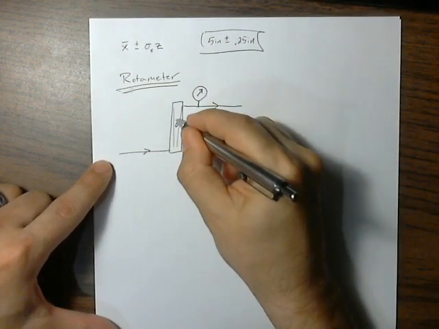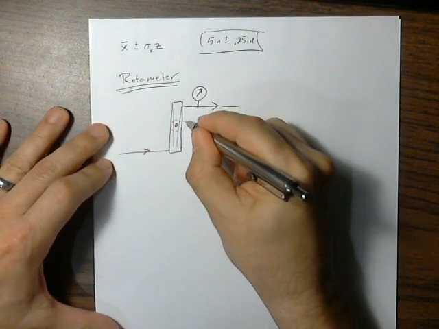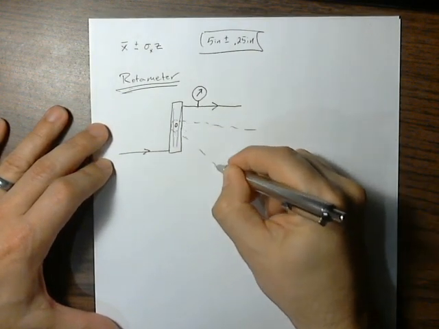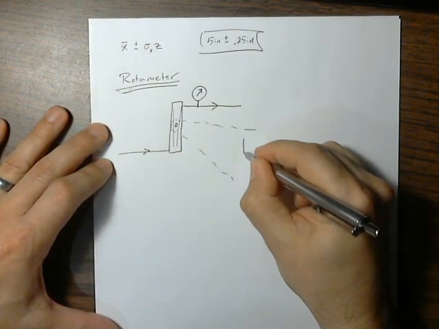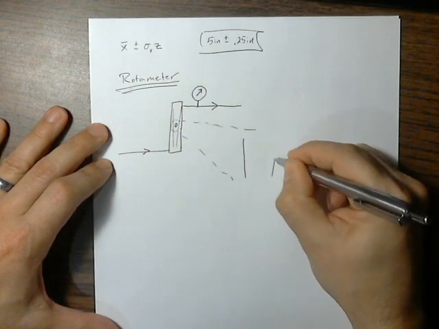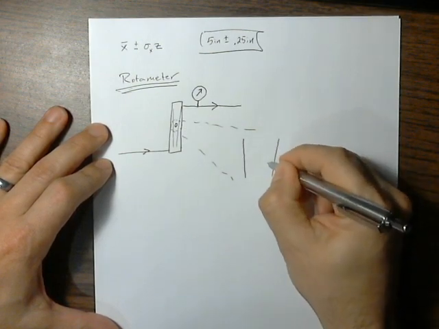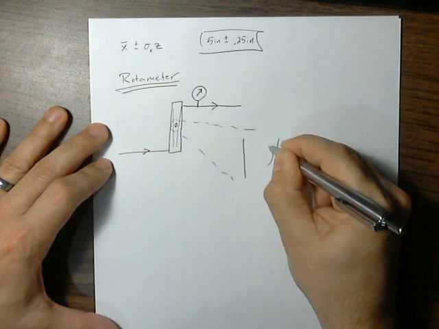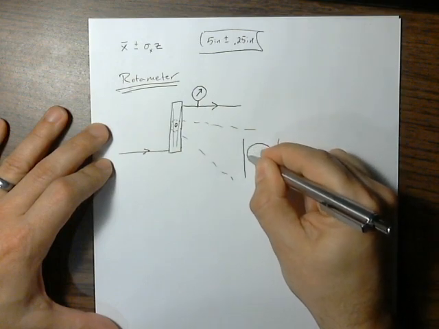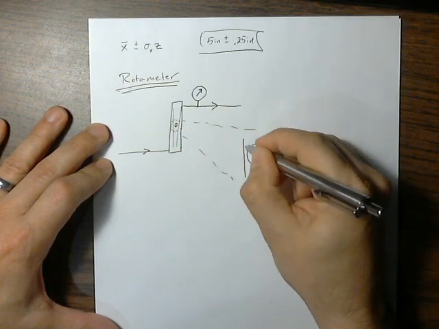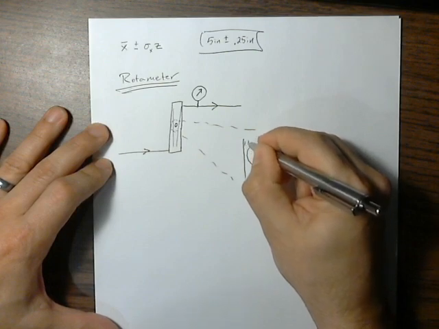So if I were to zoom in on that ball and draw it over here, what you would see is something that looks like this. In reality, the taper is very slight, and there is a tiny little gap.